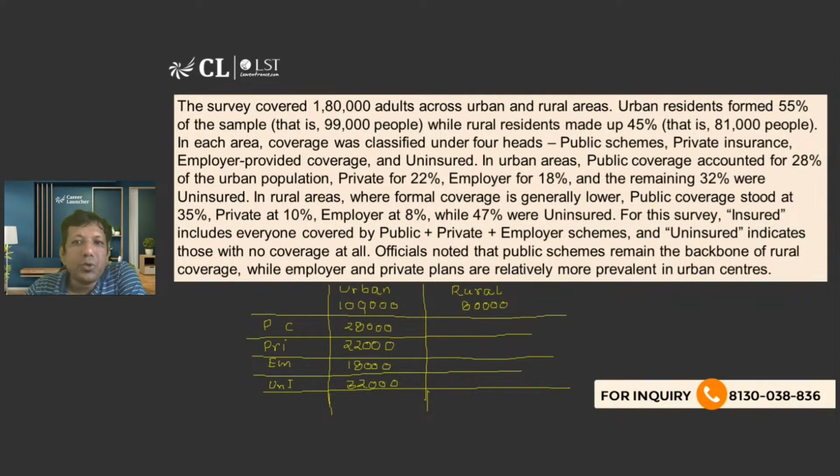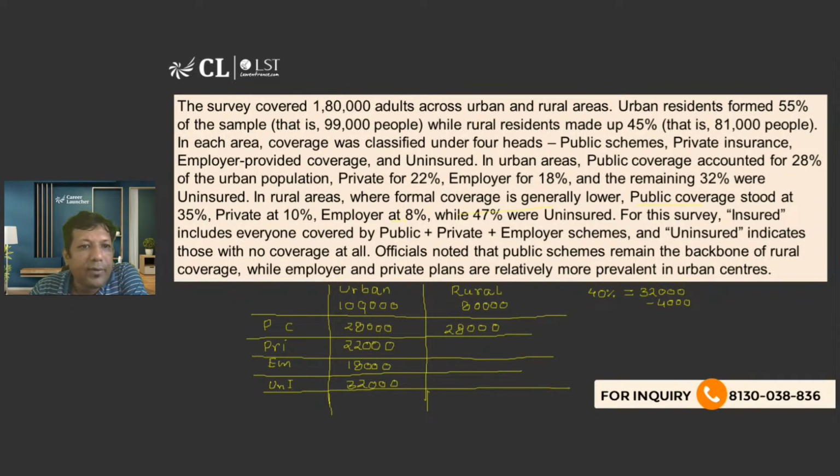Rural public coverage is 35%. So how can we calculate 35%? 40% is going to be 32,000. 10% is 8,000, so 5% is 4,000. So 35% comes out to be 28,000.